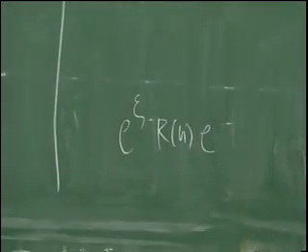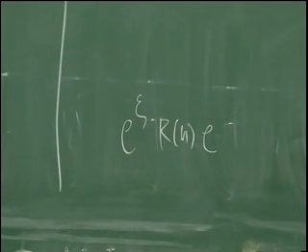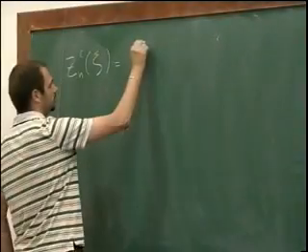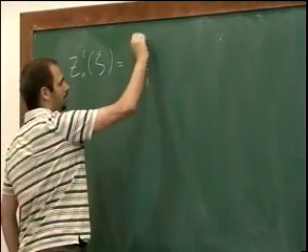Okay, I come back here. So let me rewrite it. We have the sum for k equal 1 to n.